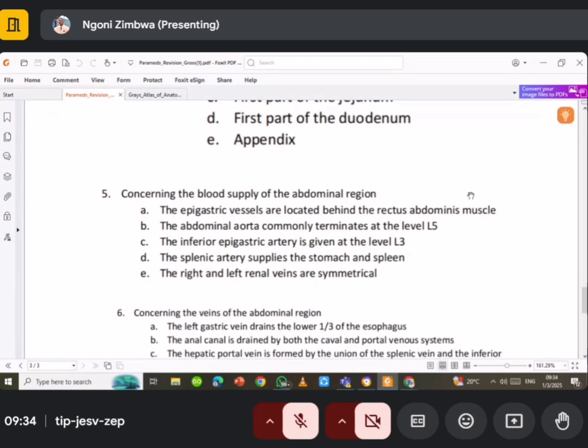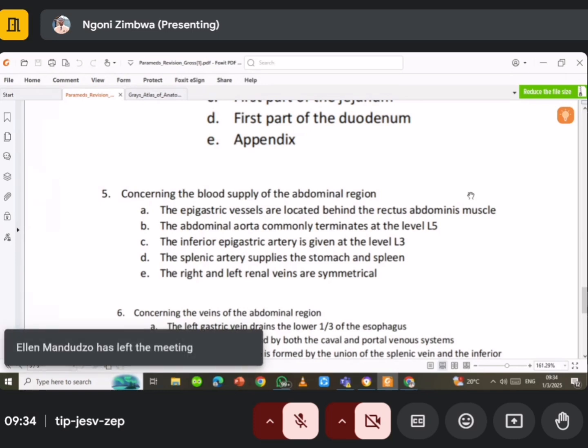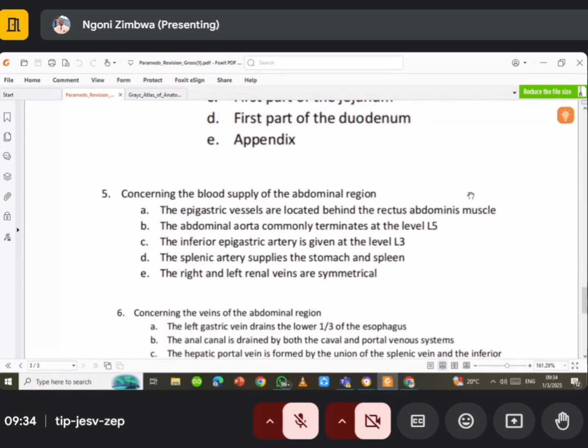And then you're going to have the continuation as the superior epigastric artery. The superior epigastric artery will actually leave between the gap of the origin of the diaphragm. Remember, the diaphragm has 3 origins. There's a costal origin and a xiphoid origin. So there's actually a gap there where the superior epigastric artery is going to leave, entering the abdomen.